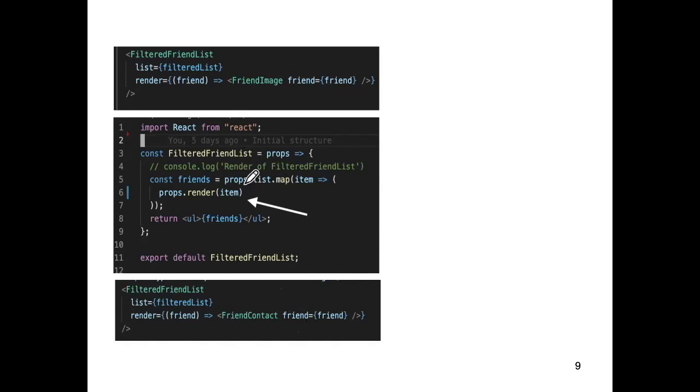And here I have the shared component, shared in this case because it's being used here and it's being used here. I'm simply mapping over my friends as before, but for each element that's mapped over, I am invoking the render function that has been passed into me, in other words, this function here. I do need to pass the friend that's currently being processed, because it's actually used here.